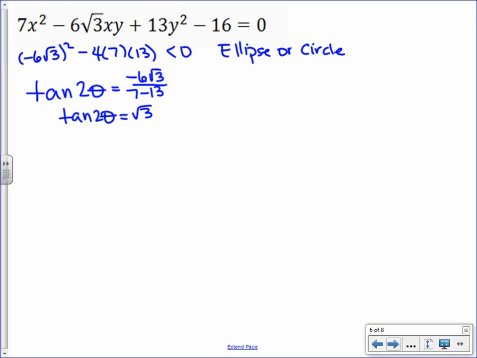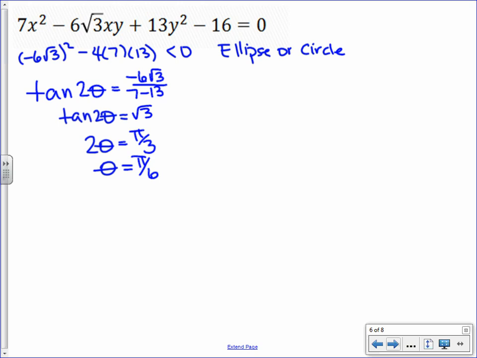Where is the tangent radical 3? That's convenient. Pi over 3, which means 2 theta is pi over 3, correct? Which means what is our angle? We have two things checked off the list.